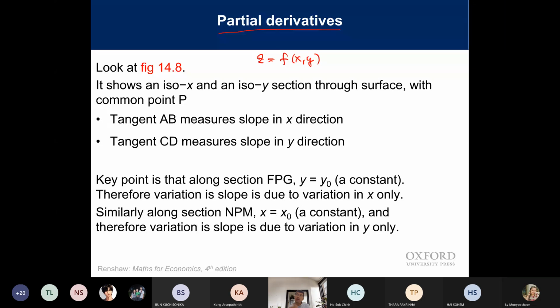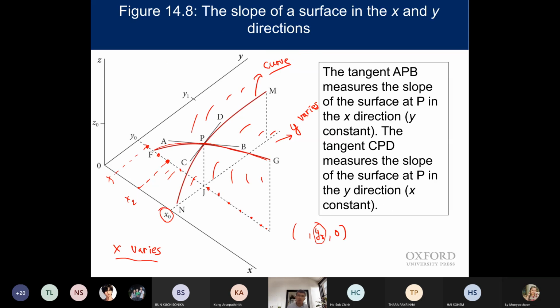You want to see the effect on z once x changes while y is kept constant, right? If you think of it in terms of the graph, once you set y to a constant, let's say at y0, and then you let x vary, what happens to z? You have to think of only this curve, right?